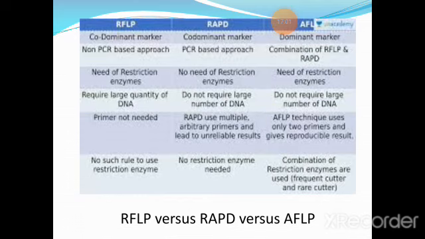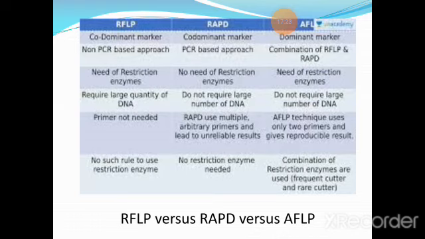Now this slide briefs about RFLP versus RAPD versus AFLP. In RFLP, it is a codominant marker. RAPD is also a codominant marker. AFLP is a dominant marker. RFLP, non-PCR based approach.